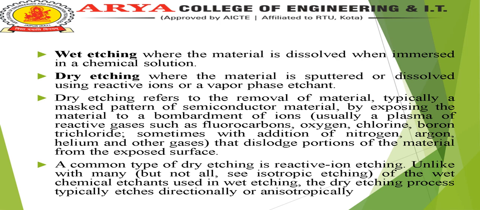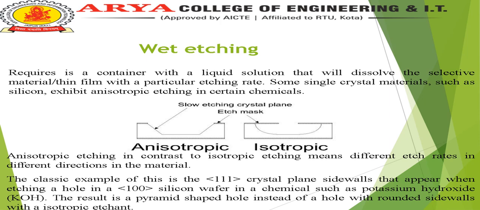A common type of dry etching is reactive ion etching. Unlike the isotropic etching of the wet chemical agents used in wet etching, the dry etching process typically etches directionally, or anisotropically.